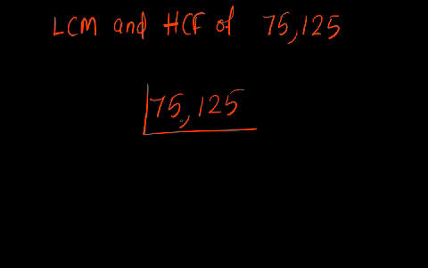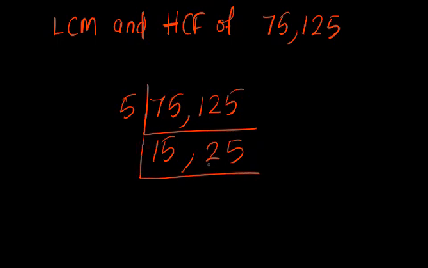We can see that the ones place digit is 5, so both numbers are divisible by 5. 75 divided by 5 is 15. 125 divided by 5 is 25. Again, both numbers are divisible by 5. So write 5 here. 15 divided by 5 is 3. 25 divided by 5 is 5. Now these two numbers haven't any common factor, so we can stop here.